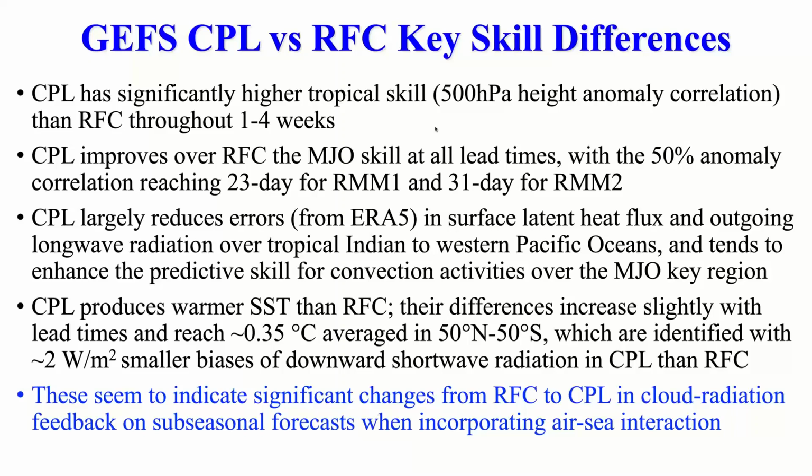This seems to indicate a significant change from IFC to CPL in cloud radiation feedback on the subseasonal forecast. Now in the CPL we have the land-atmosphere-ocean interaction turned on, so the feedback is through the cloud radiation, and we are going to focus on that area. Next, please.